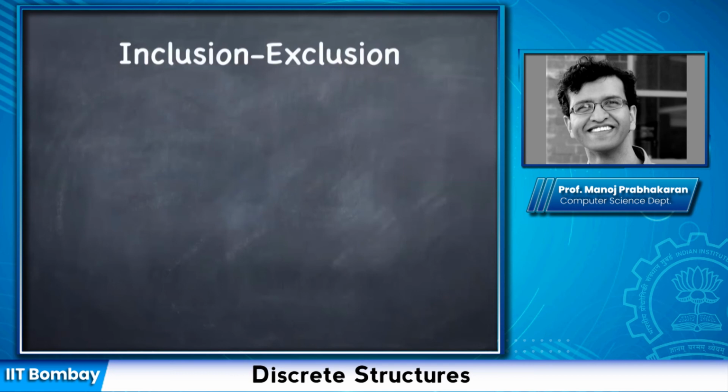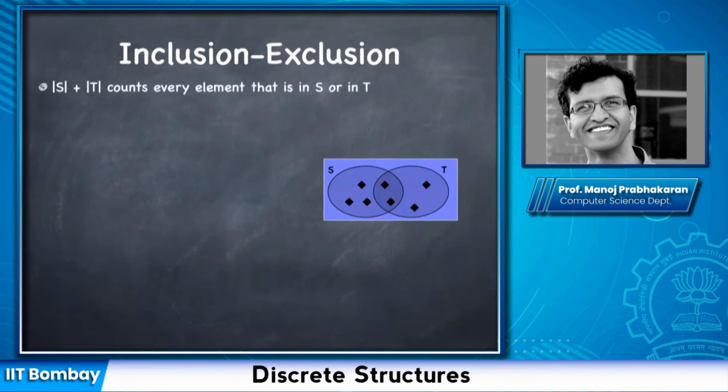Okay, here's another thing about sets you would have probably come across. Let's take two sets, S and T, and let's try to see how big these two sets are. Let's just take the size. By the way, this refers to the size of set S, the number of elements in set S. So S and T are finite sets here.